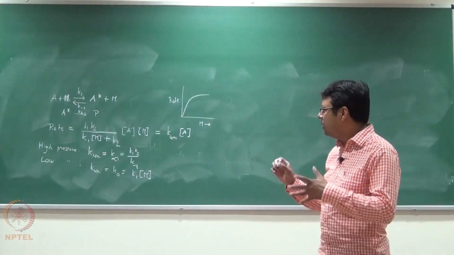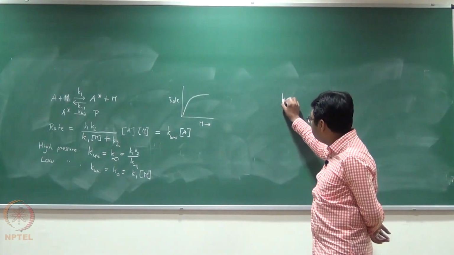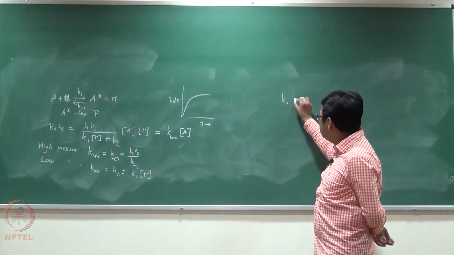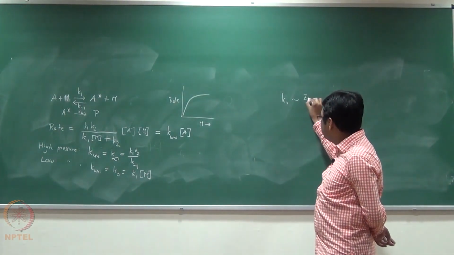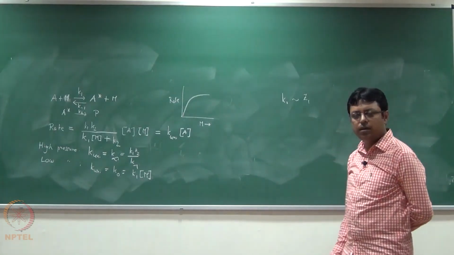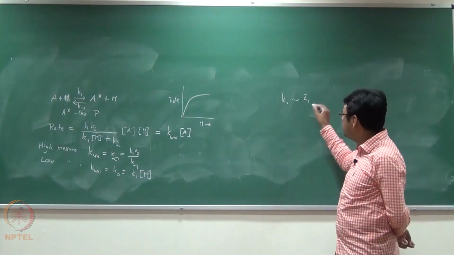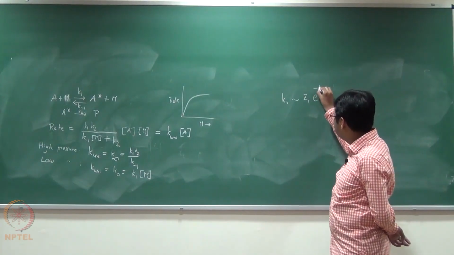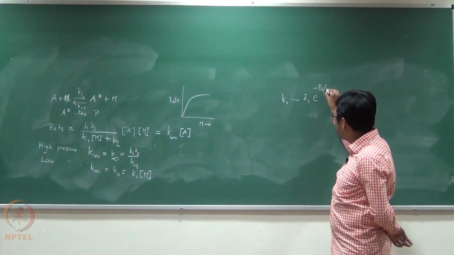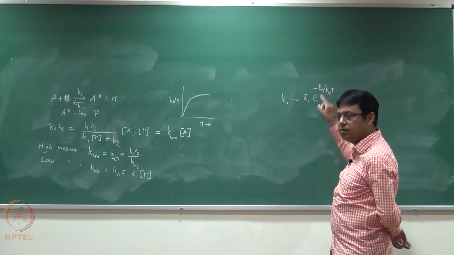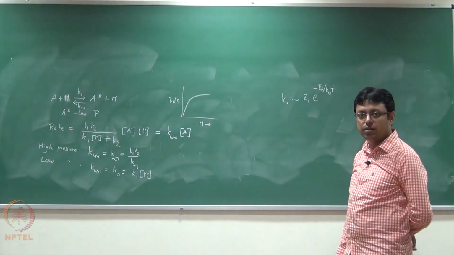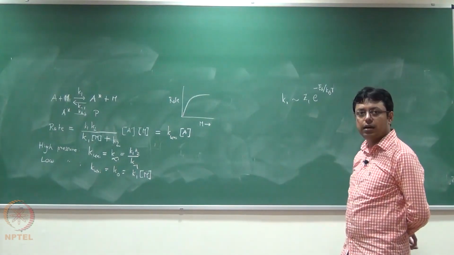And then you can think that K1 will be something like your collision frequency, right? But not all collisions will give you A star. You can think that there will be some probability that I cross this energy, then only I can actually get this.